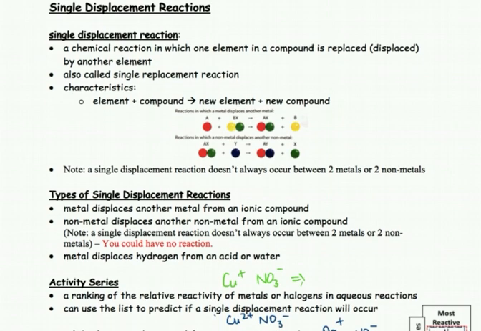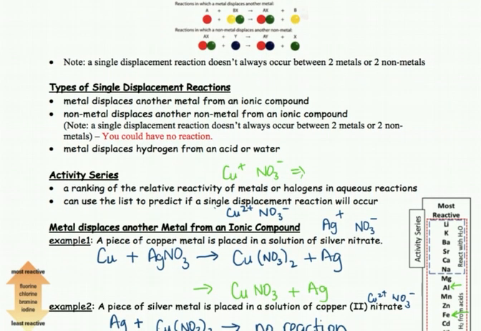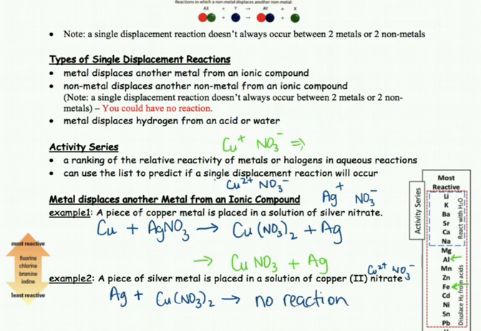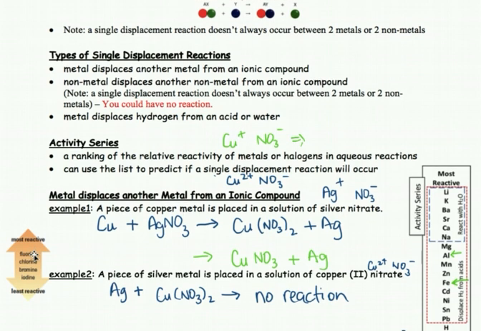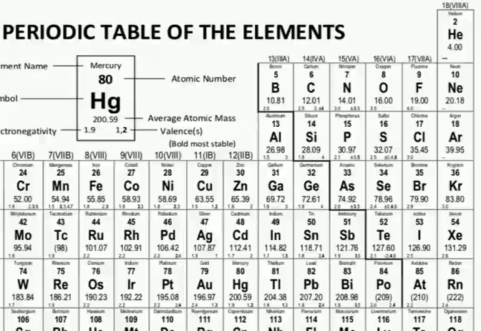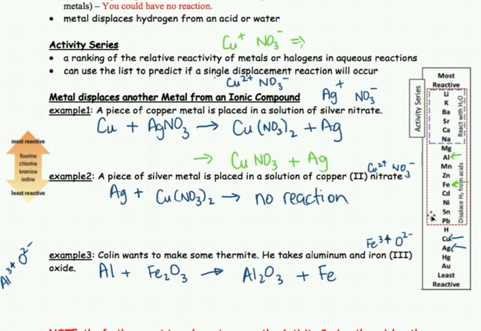So the new stuff this year is that these reactions sometimes don't occur. It is dependent on the metal activity series and the non-metal activity series, or the halogen activity series. So make sure that you know this is just like the periodic table here, and this will be provided to you during assessments, so you don't have to memorize it. You just need to know how to use it.